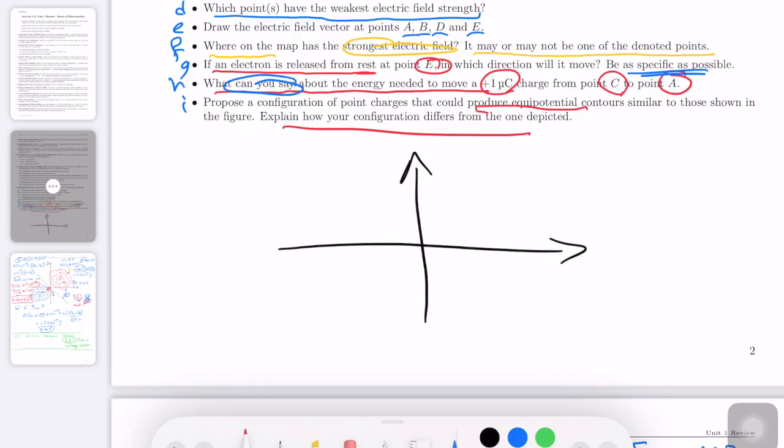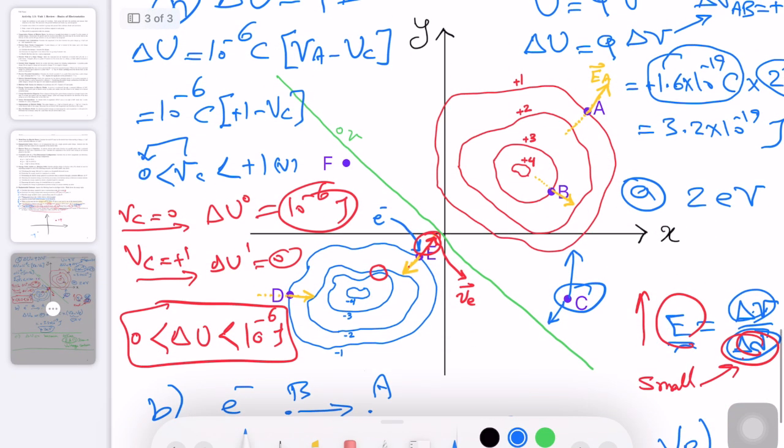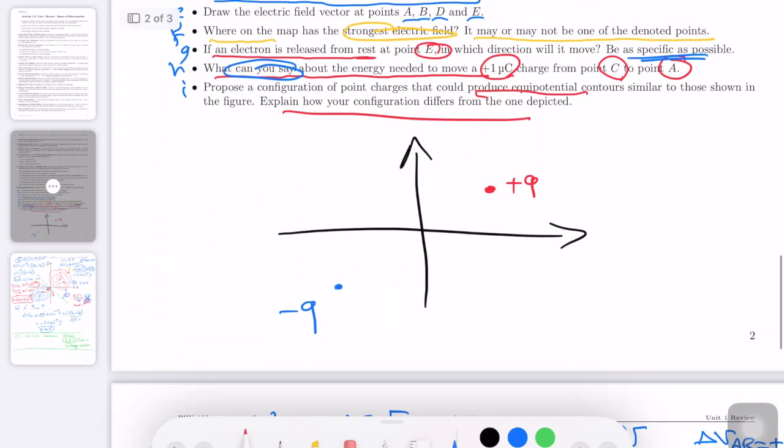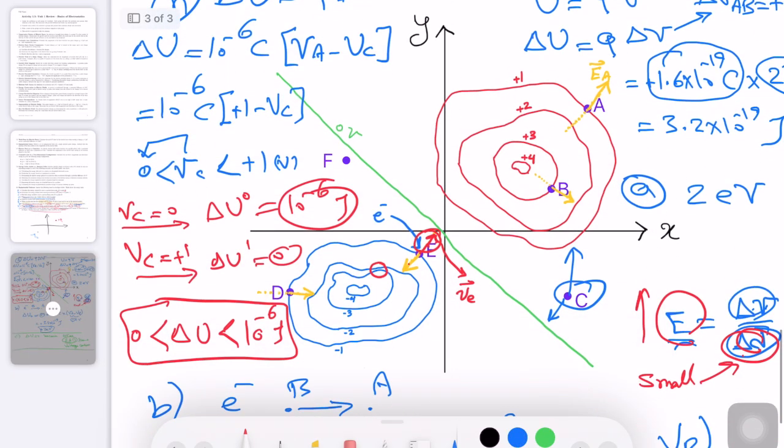This is very similar to having a positive charge sitting there and a negative charge sitting there, and the amount of charges looks similar, except from the graph it looks like the lines around the positive charge are spaced a little bit more.